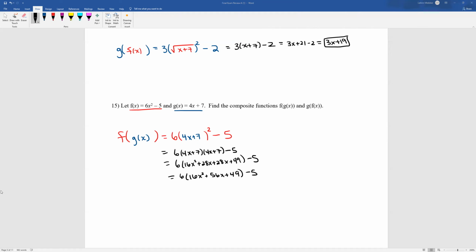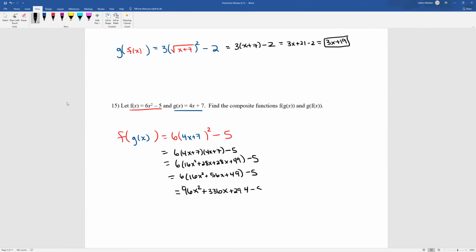Get my handy calculator out. So 6 times 16 is 96x squared. 56 times 6 is 336x. 49 times 6 is 294.